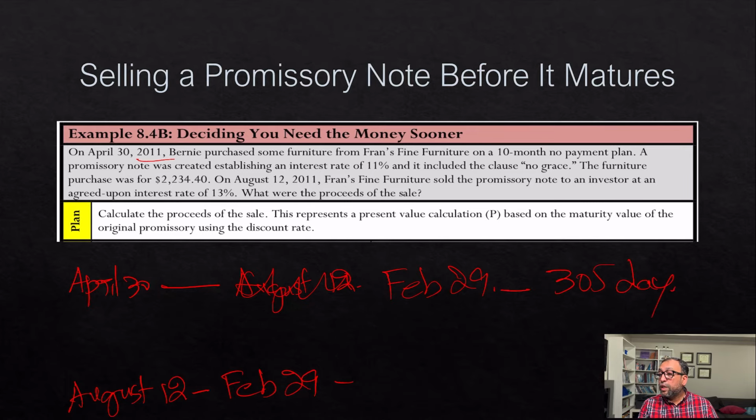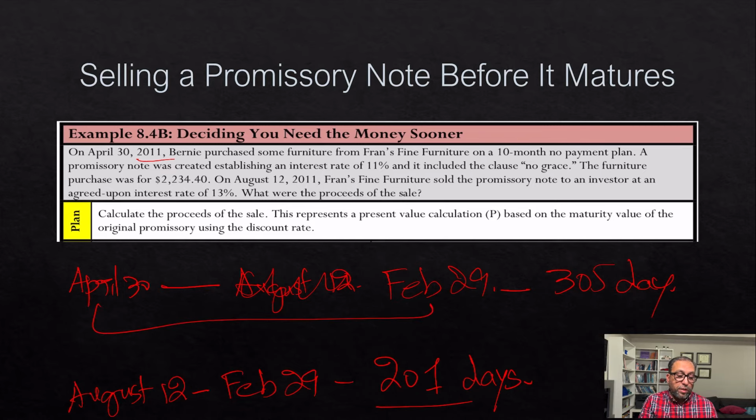And between August 12 and February 29th is 201 days. So these are the days from April to February. This is the whole period of this promissory note, which is 307, and the broken period for which they discounted is 201 days, from 12 August to February.